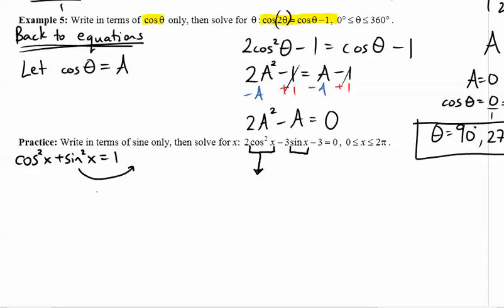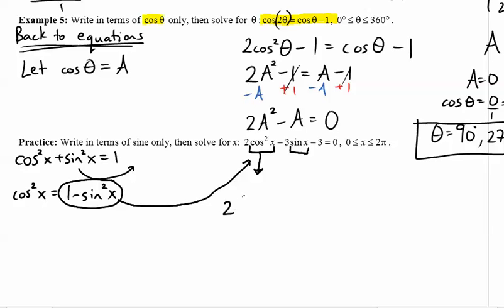So I'm going to solve this for cosine squared by moving the sine to the other side. And then I'll take that and plug it in to my cosine squared. So I'll put in 1 minus sine squared. And this is kind of like mathematical gymnastics here.